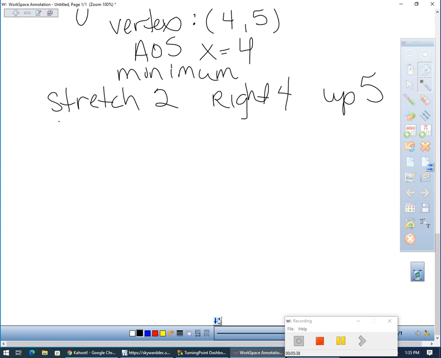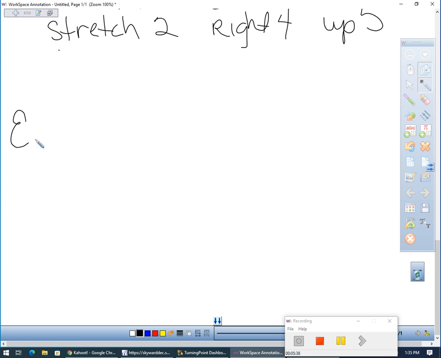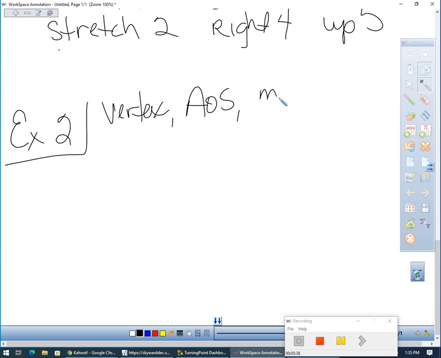Same exact stuff I want to know. So example number 2. I want the vertex, the axis of symmetry, whether it is a max or a min, and of course the transformation.